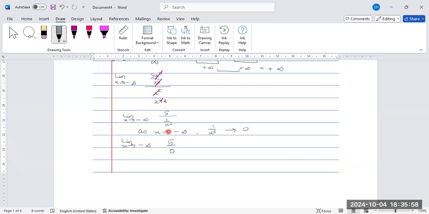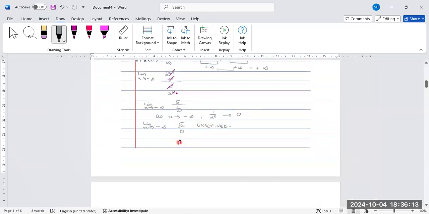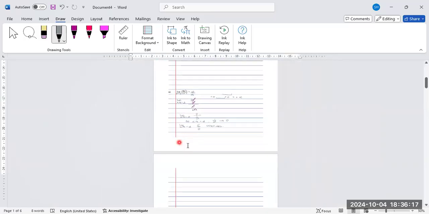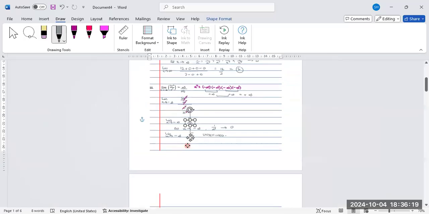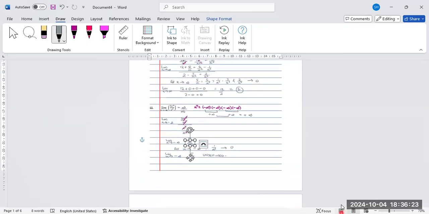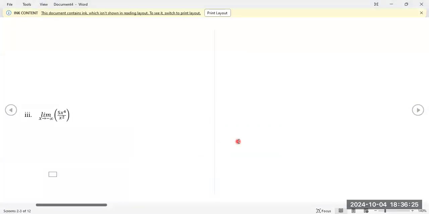So this is why I'm stuck. Undefined, sir. Very good, Ashanti. It's undefined. There is absolutely no definition for something like that.